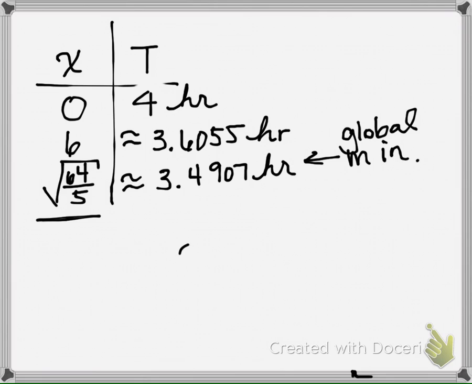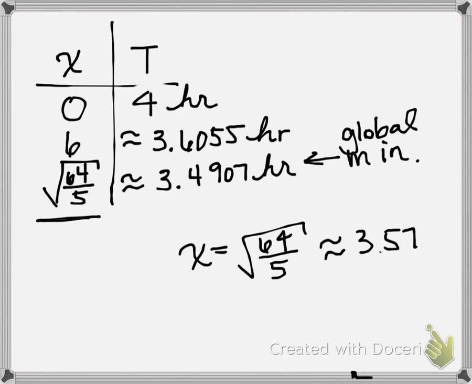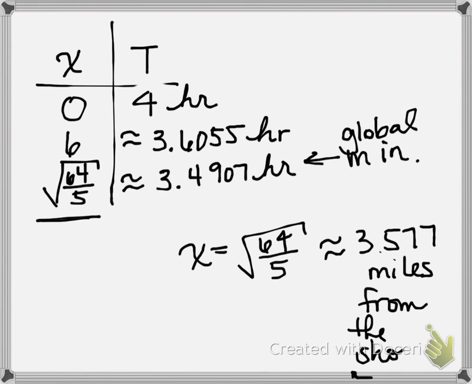We would say x is equal to square root of 64 over 5, which is approximately equal to 3.577, and this would be miles from the point on the shore directly away from the boat.